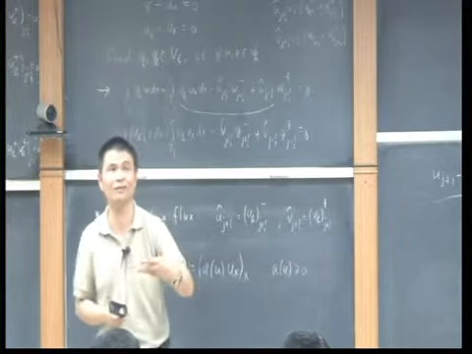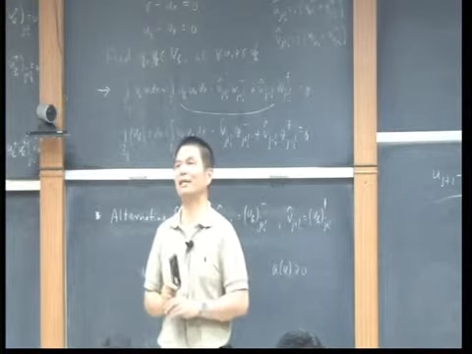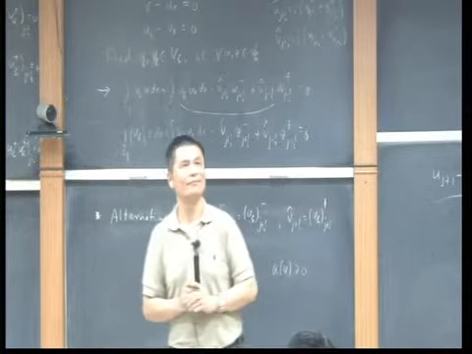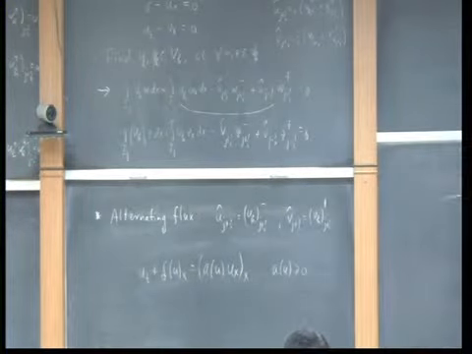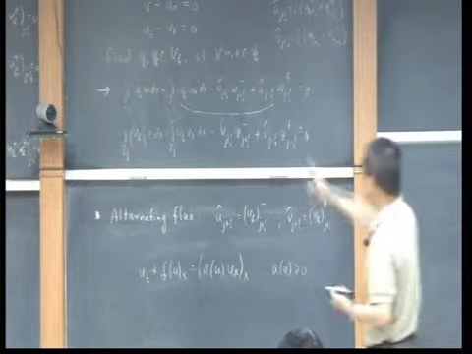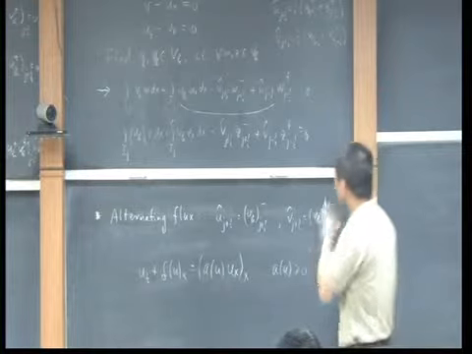Yesterday you have already seen it for the hyperbolic equation. I want to convince you that it's the same sort of approach that you can use to prove error estimates for the heat equation. So what do I do? Well, I have the scheme here.